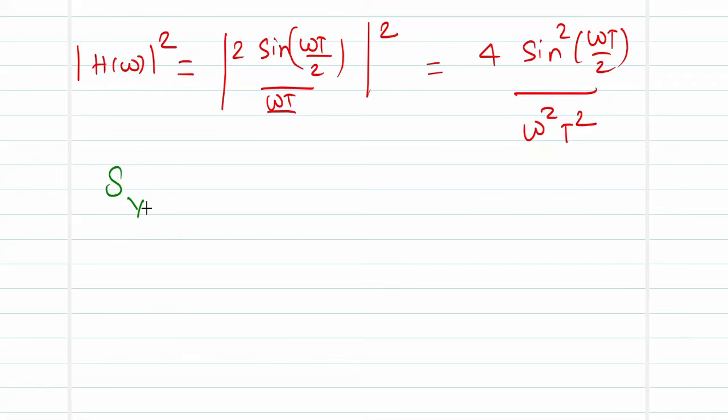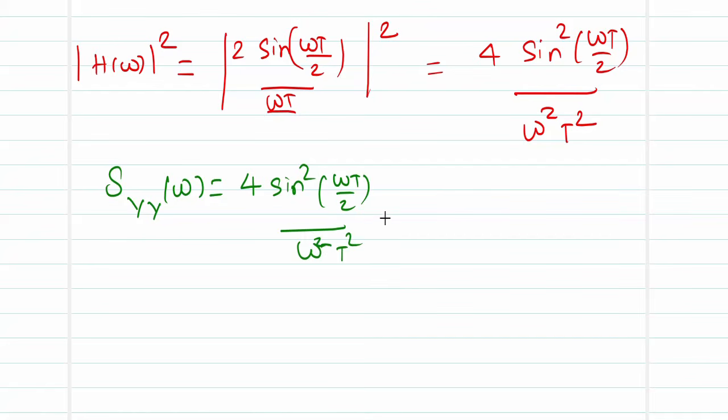What we want is Syy of omega. This can be expressed as a function of the input power spectral density in terms of this H of omega. So make it 4 sine square omega t divided by 2 by omega square t square into Sxx of omega. So this completes the problem.